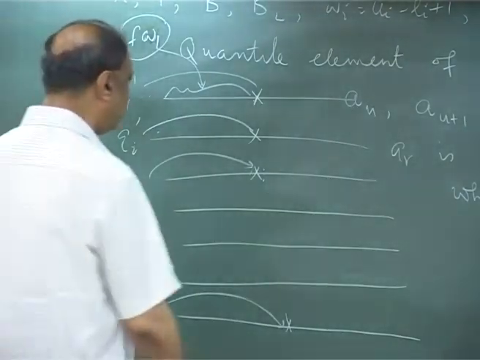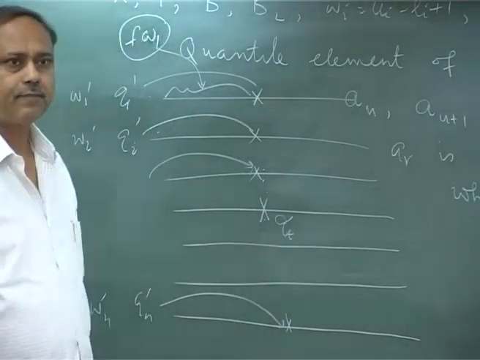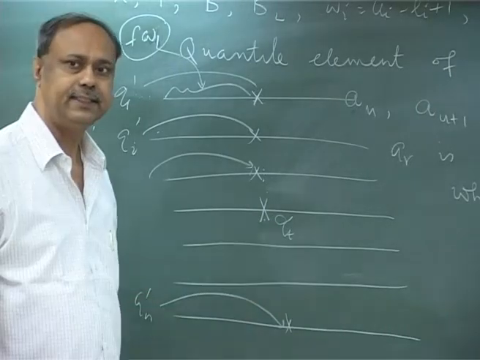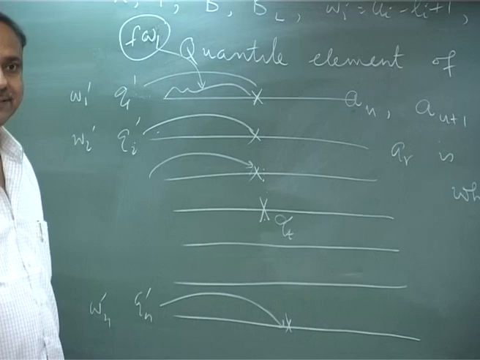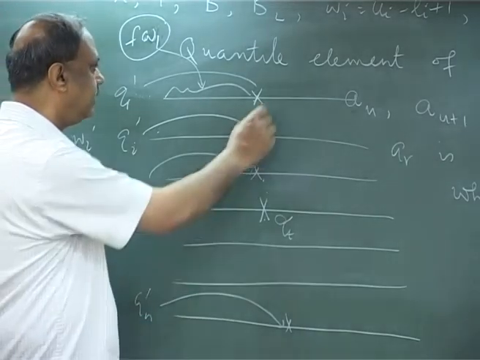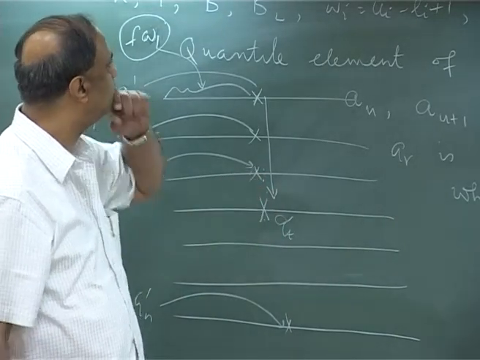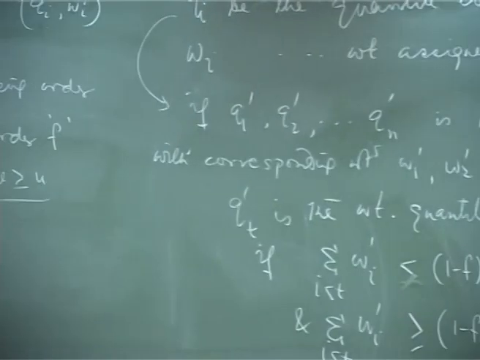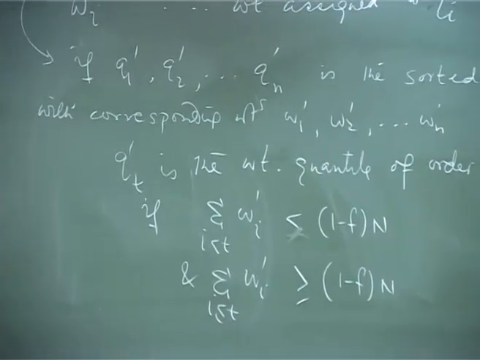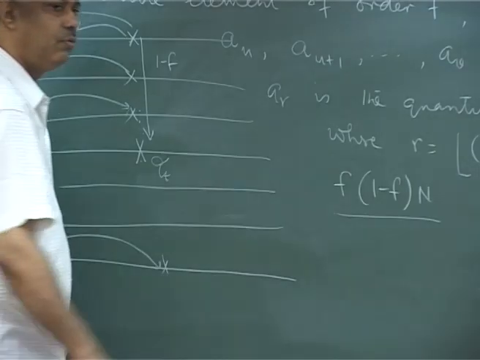Now, suppose this is your qt dash. How many elements will be smaller than qt dash, guaranteed? This side is 1 minus f, this side is f, so you have at least that many elements.